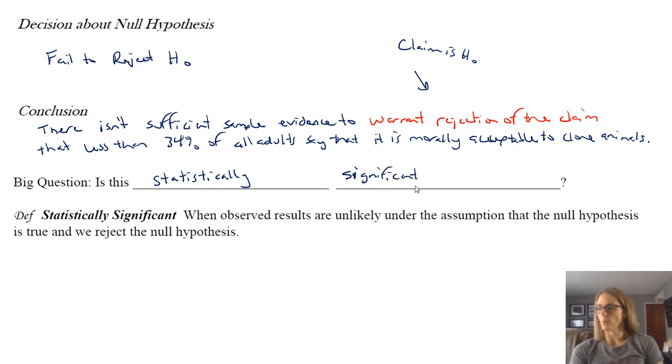The definition of statistically significant: when observed results are unlikely under the assumption that the null hypothesis is true, and we reject the null hypothesis. So we're always looking for, is our sample data statistically significant with our basis that the null is true. We'll do more of this in 8.3 and in chapter 9, and it just keeps going.